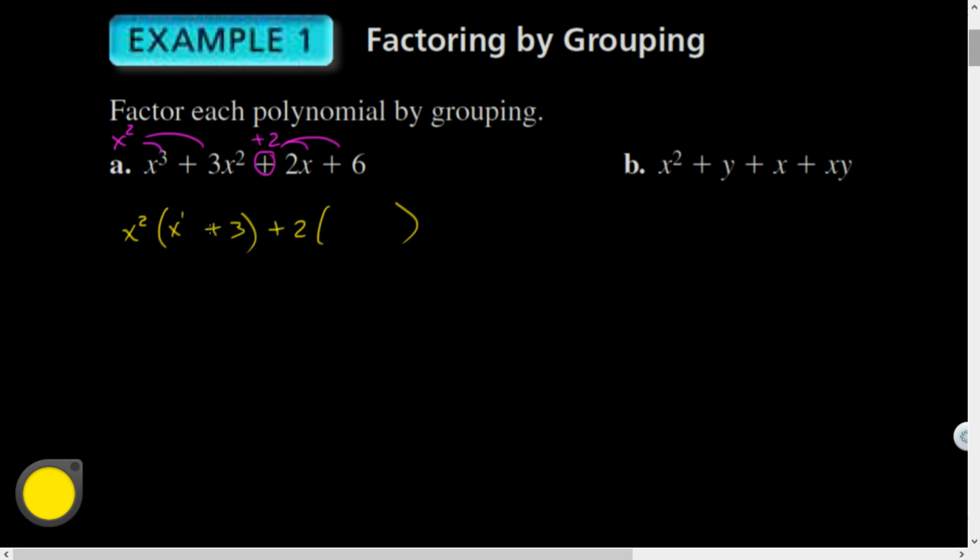Yeah, plus 3, right? X squared times 3 will be 3x squared. Excellent, excellent. All right, and let's see. 2 times what is 2x? Yeah, plain old x. And 2 times what is 6? And I gave you the answer, it is 3.